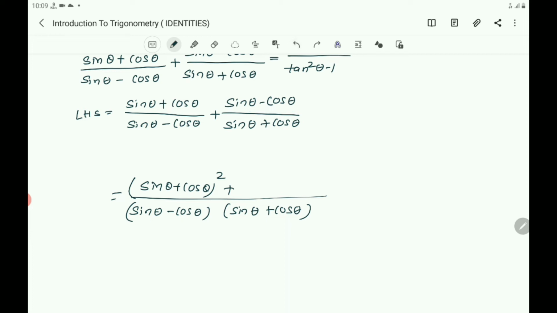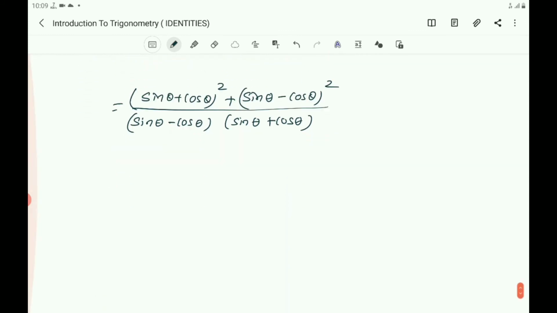So it becomes sin theta minus cos theta whole square. So the numerator becomes sin theta plus cos theta whole square plus sin theta minus cos theta whole square, and the denominator is sin theta minus cos theta into sin theta plus cos theta.